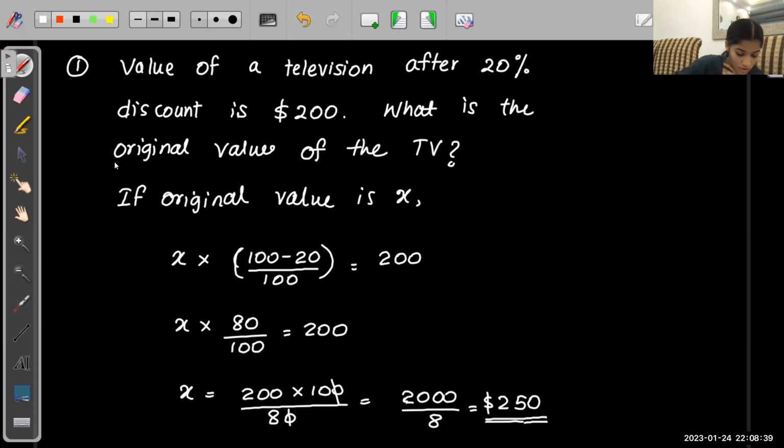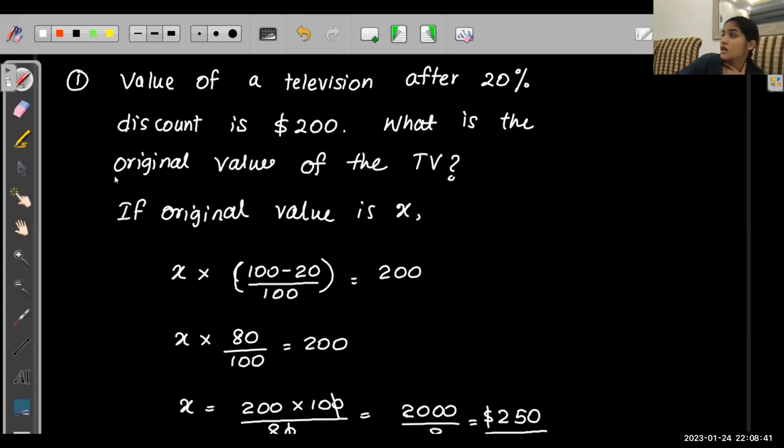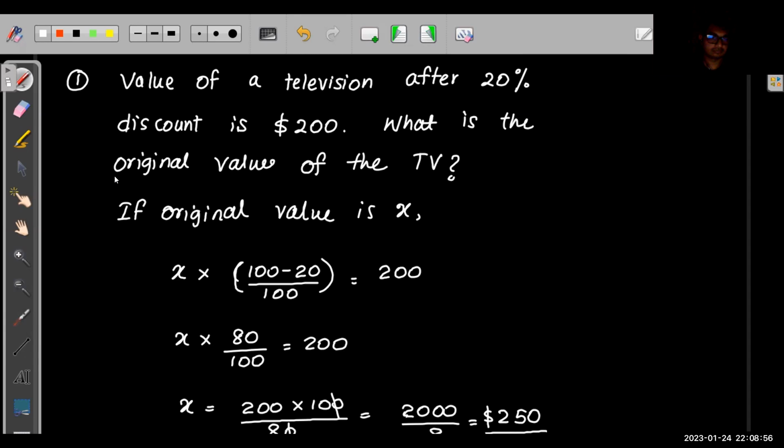Then I divide it by 100, which is 200. And then 200 times 100 over 80, and I take 2 zeros away, which is 2000 over 8, divided by 8, which is 250. Okay, let me give you a few more questions.